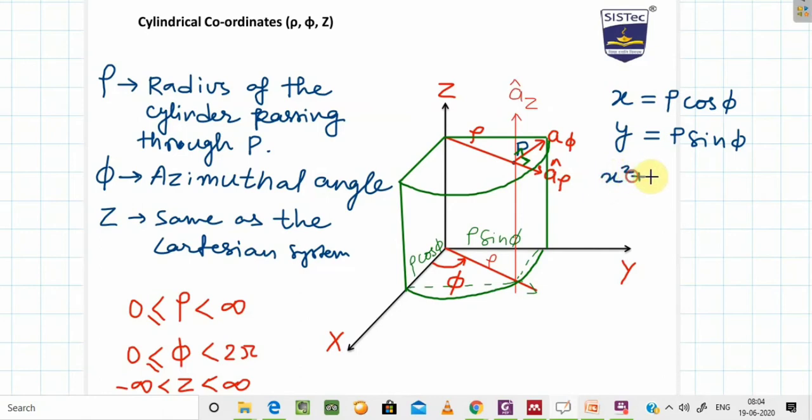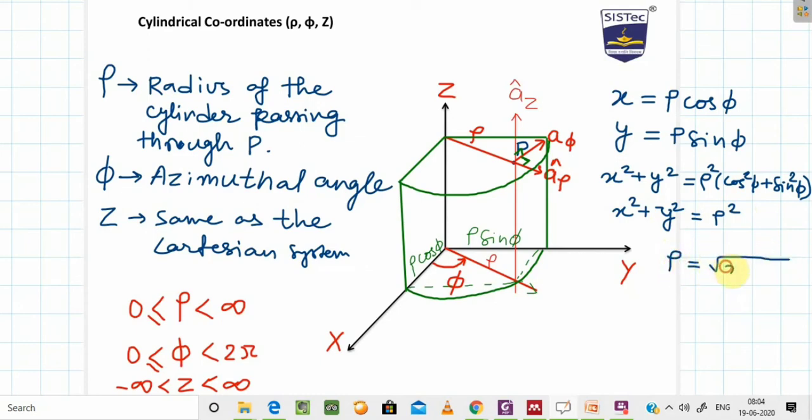x square plus y square equals rho square times cos square phi plus sin square phi. Since we know that cos square phi plus sin square phi is 1, x square plus y square equals rho square, and from here we have the first relation, rho equals root over x square plus y square.